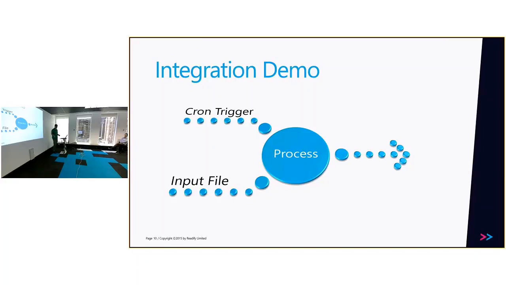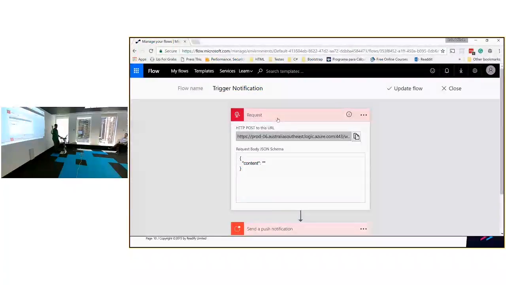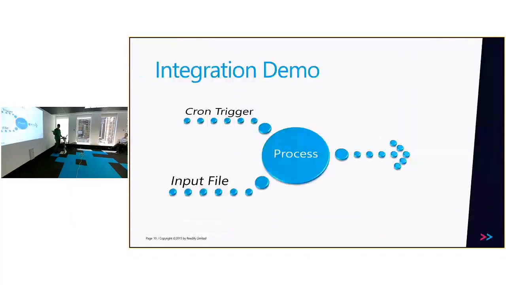Based on CSS selectors, I'll look into the data inside that, and compare it with the old data that I have persisted in that file. If it has changed, I will trigger my flow to send me a push. Simple as that, and at the end, I'll persist the new data to the file.